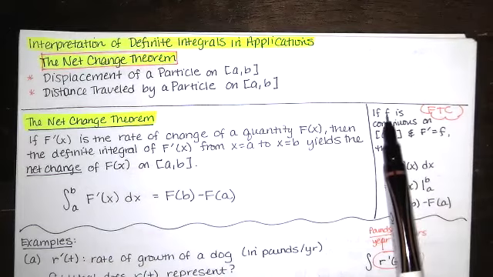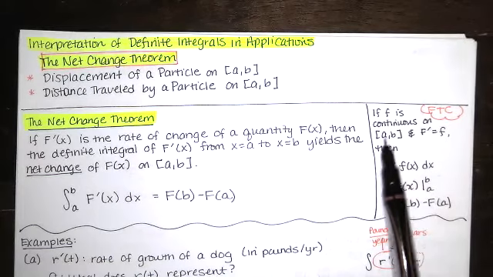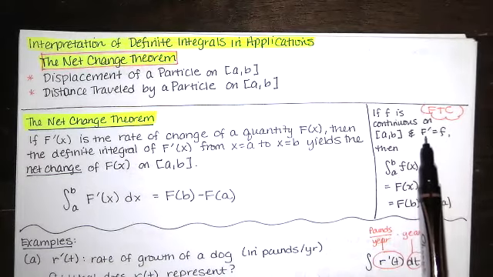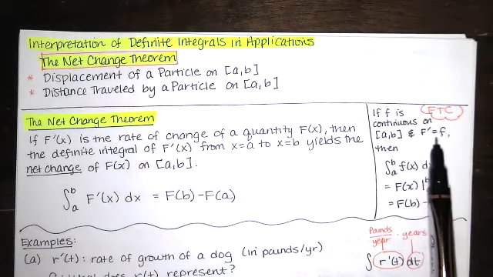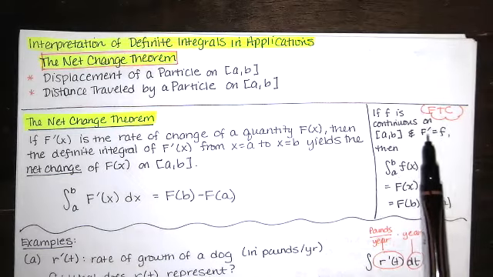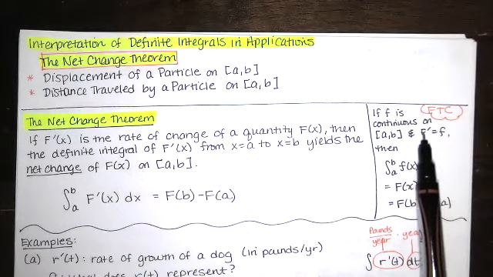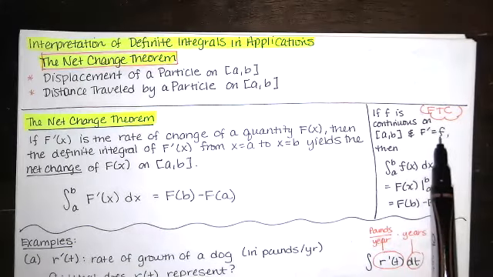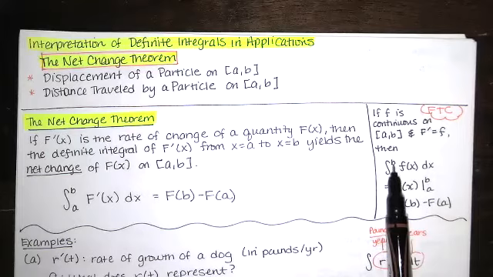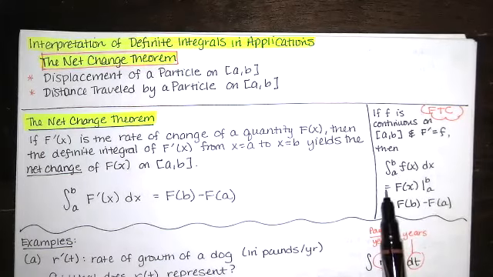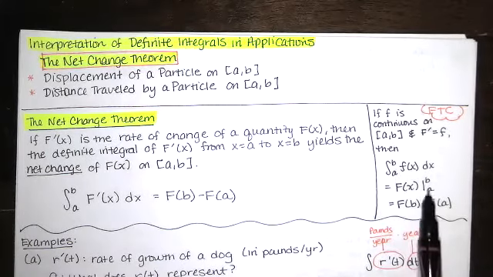It says if little f is continuous on the interval from a to b, and that capital F prime is equal to lowercase f, so that means that capital F is an antiderivative of lowercase f, then the integral from a to b of little f is equal to that antiderivative evaluated at b and a, and then we subtract.